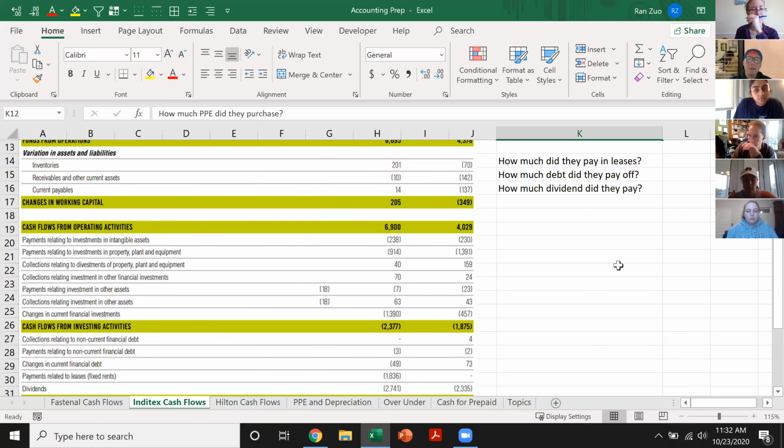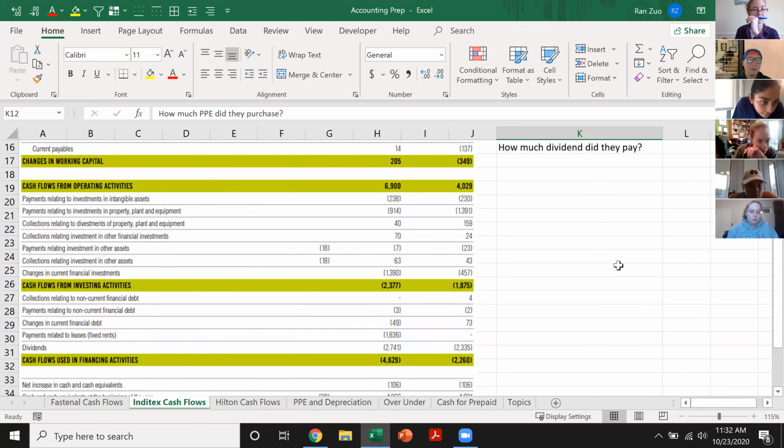Okay, and how much debt did they pay off in 2019? 49. Yep. And what else? The 3. Yeah, right. So there are two.